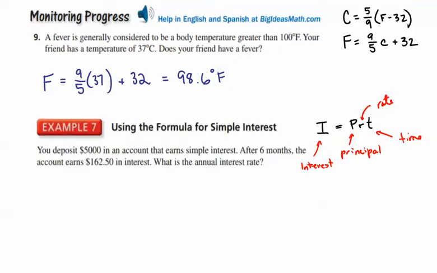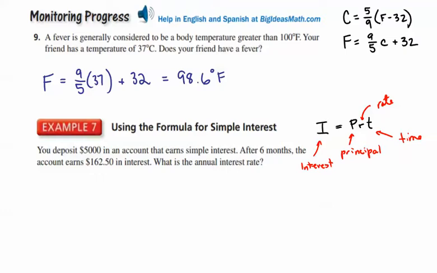Okay, in the next example we're going to work with simple interest, and simple interest has the formula I equals P times R times T. Where I is the interest that you're going to earn, P is the principal, which is the amount of money that you are depositing or putting into an investment. Rate is the interest rate that you're going to get back from it, and T is the time in years that you are investing your money.